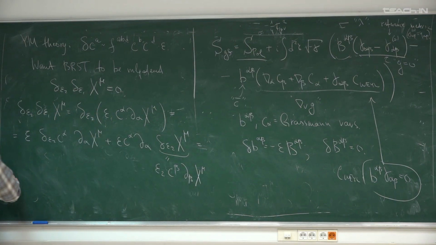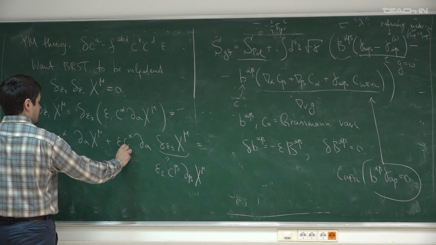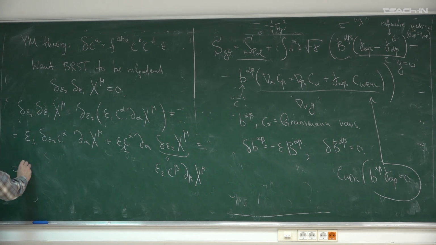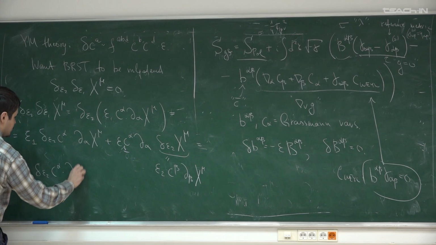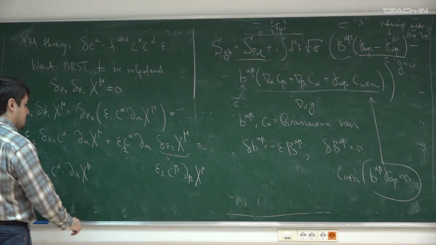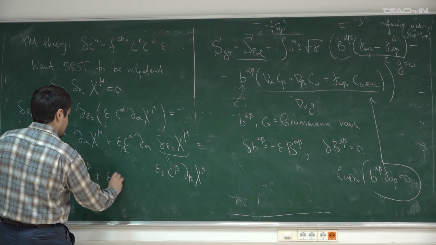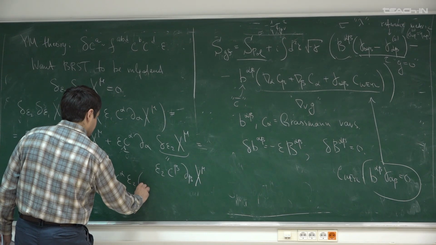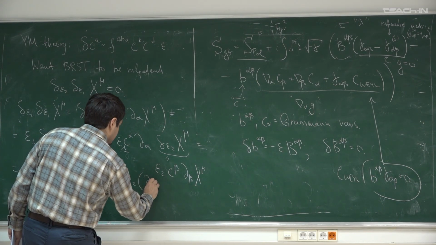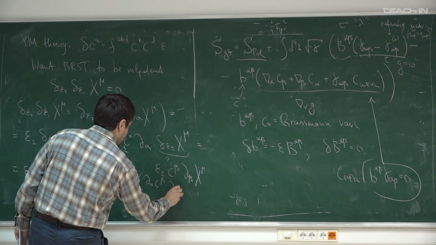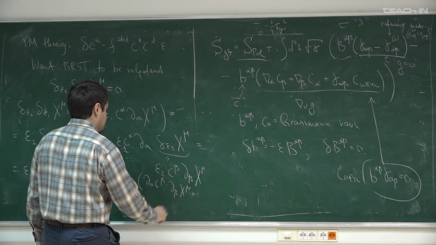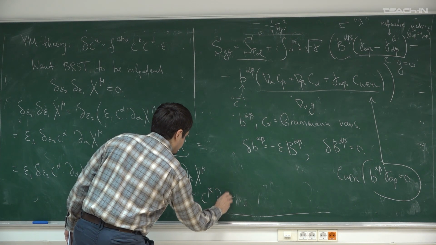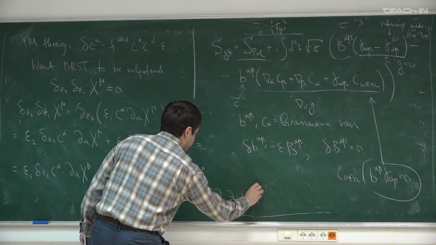So now we write this. This is epsilon 1, sorry, this is epsilon 1. So we get epsilon 1 delta epsilon 2 C^alpha d_alpha X^mu plus epsilon 1 C^alpha epsilon 2, and then there are two terms where the derivative acts: d_alpha C^beta times d_beta X^mu plus C^beta d_alpha d_beta X^mu.